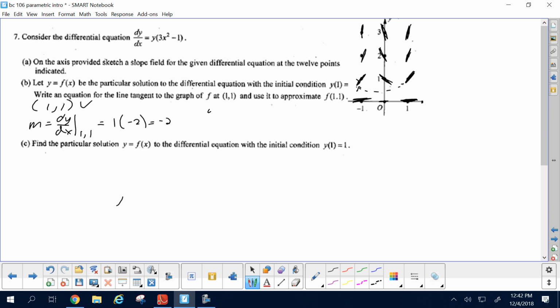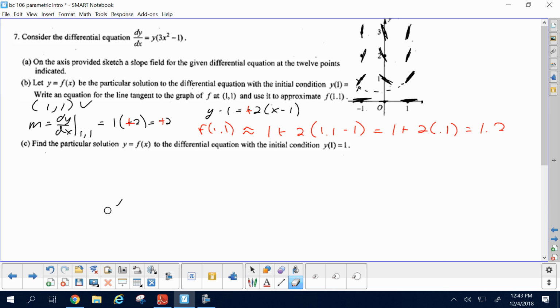Did you get a line of y minus 1 equals -2 times x minus 1? I did. Wait, I got positive 2. That's what I said, positive 2. Okay, so f at 1.1 is approximately 1 plus 2 times (1.1 minus 1), or 1 plus 2 times 0.1, you get 1.2. Okay, cool.